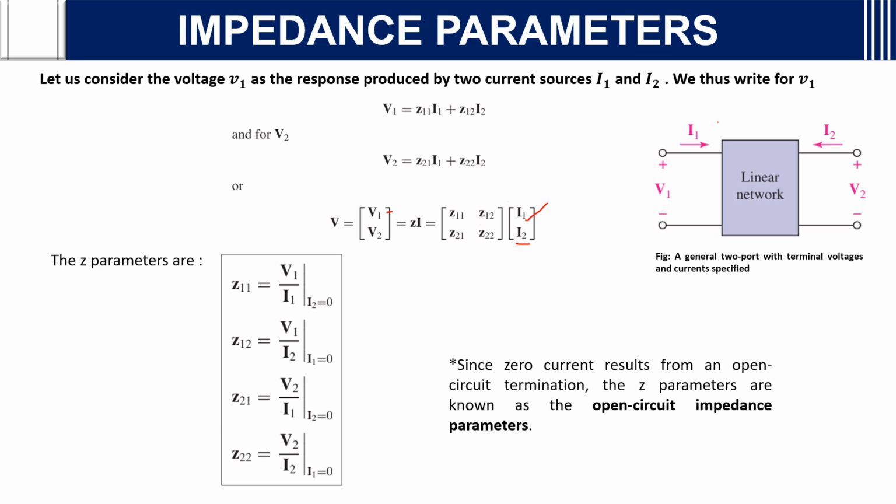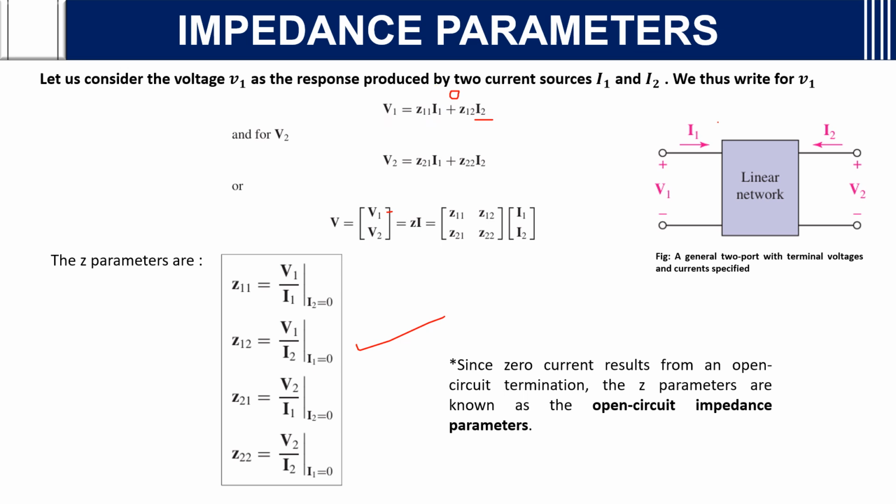You should remember that if you know these equations you can easily write them. See, Z11 is V1 by I1 when I2 equals 0. Okay, Z12 is nothing but V1 by I2 when I1 equals 0.